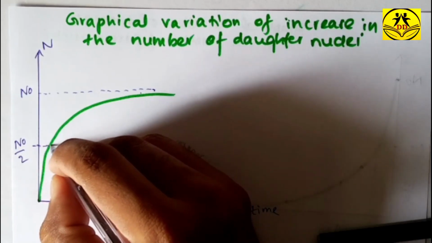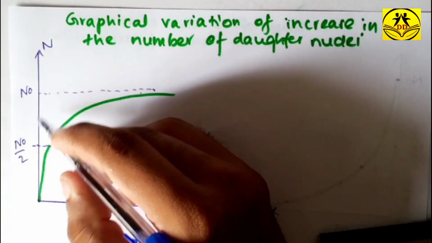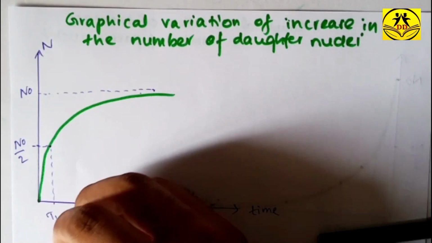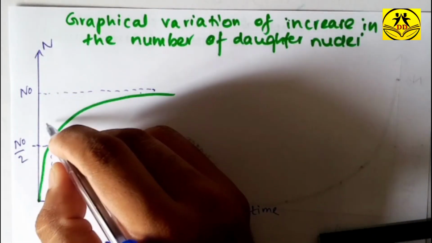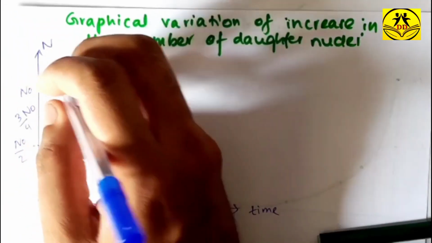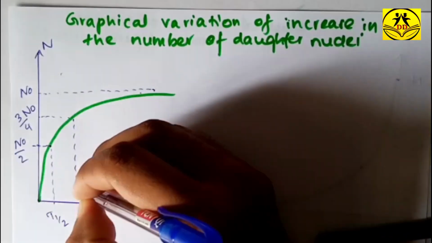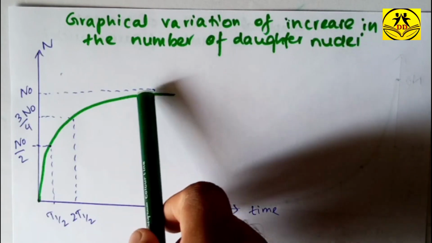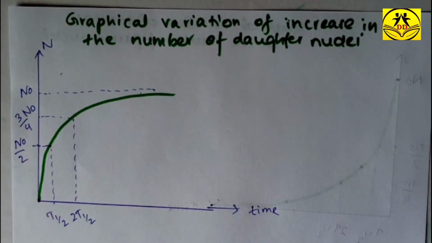So it will reach this number of nuclei, which is half of the parent nuclei, at a t half time period, and it will reach 3/4 of the number of parent nuclei at 2 times the half-life, and it will never touch the exact number of parent nuclei.